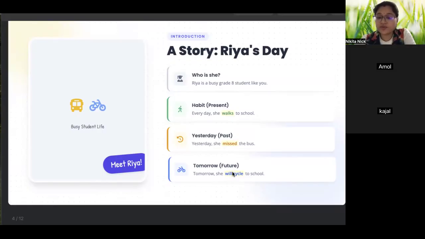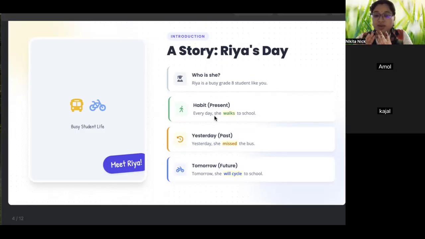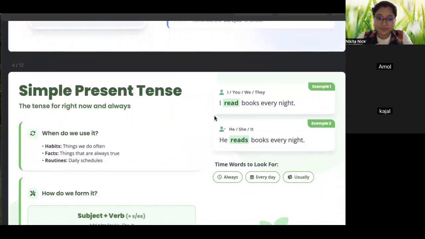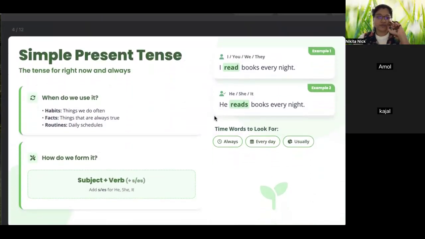So you are using will for future, ed for past, and walks for she. That depends on the subject. We will learn later that for she, he, and it, we use s, es, or ies, and for subjects like I, we, you, they, we use the V1 form. All right? Very good.